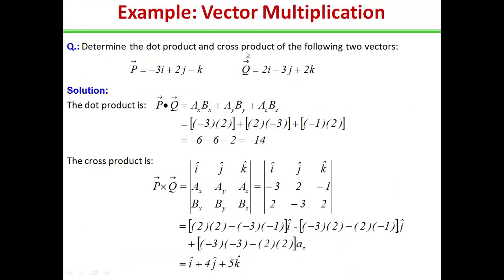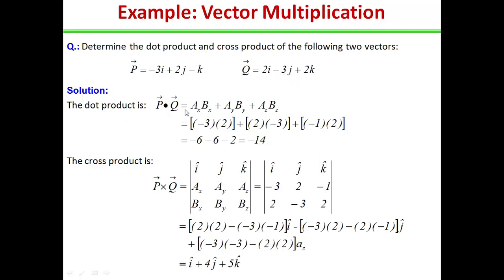For example, I have taken here two vectors P and Q. We will solve these two vectors to find the dot product and cross product. So vector P is given as minus 3i + 2j minus k, and vector Q is given as 2i minus 3j + 2k.